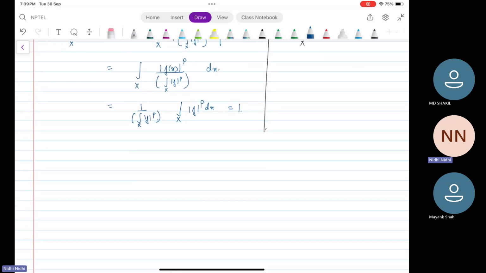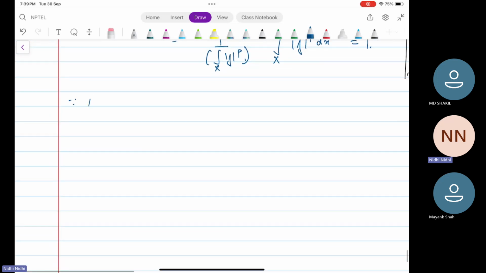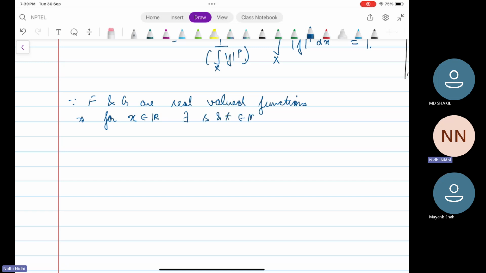Since capital F and G are real valued functions, this implies for any fixed x in X, there exist two real numbers s and t in R such that I can write capital F(x) to be equal to e to the power s r/p and G(x) to be e to the power t r/q.